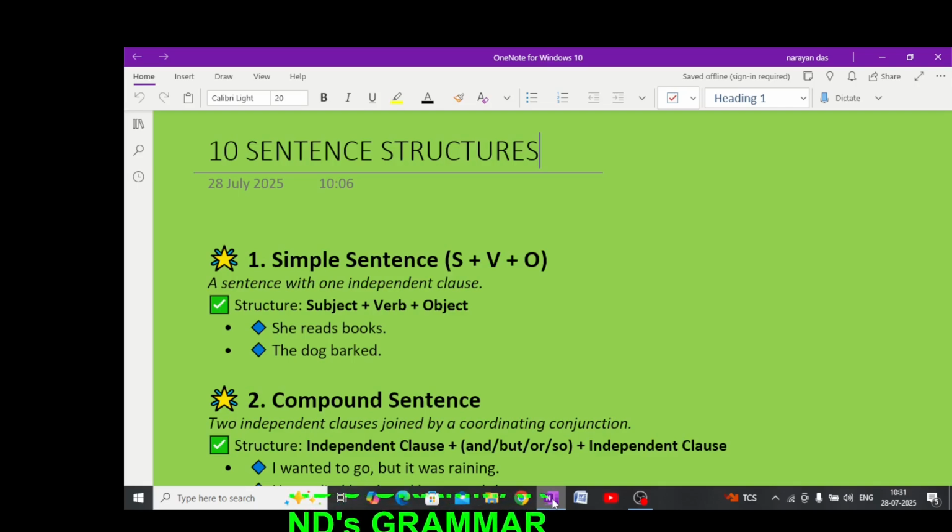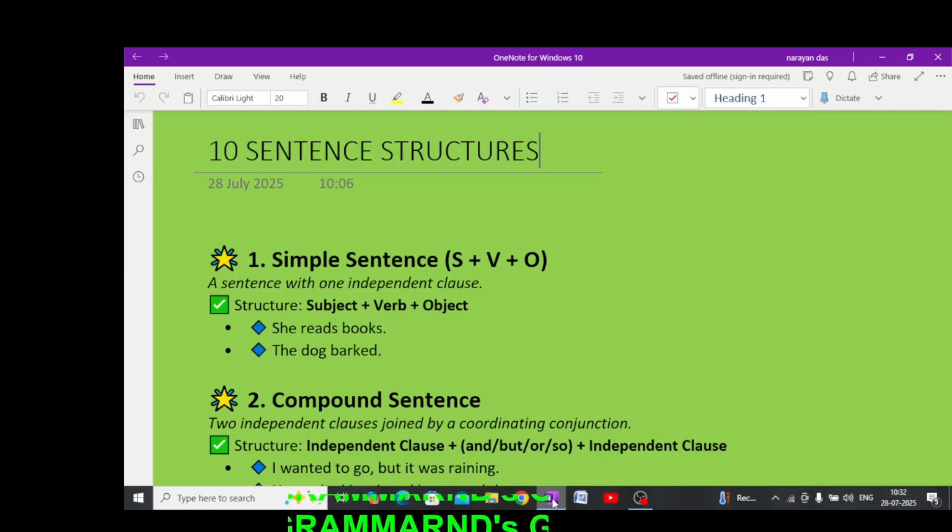She subject, reads verb, books object. The dog barked. The dog subject, barked verb. Here object is missing. You can also say this is another structure, subject plus verb.